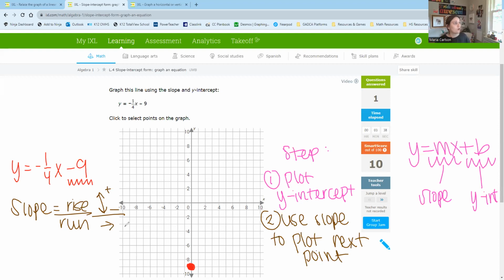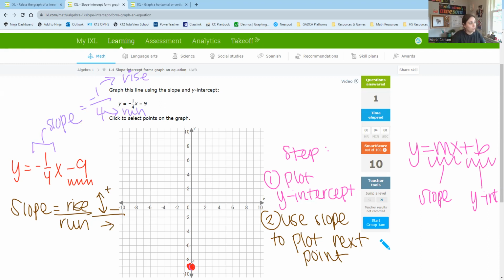So y equals -1/4 x minus 9. We already plotted -9 as our y-intercept. So -1/4 is my slope, which means that -1 is my rise. Notice I put the negative with my numerator, -1, and then 4 will be positive, and 4 is our run.